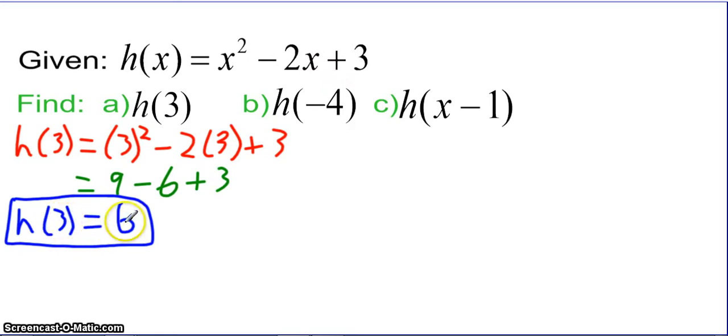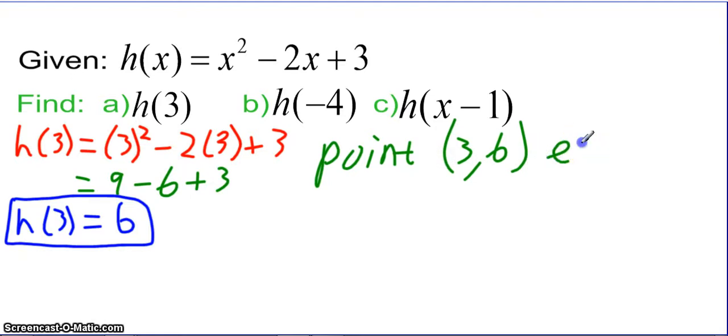The point is going to be 3 comma 6. So the point (3, 6) exists on the function h of x.